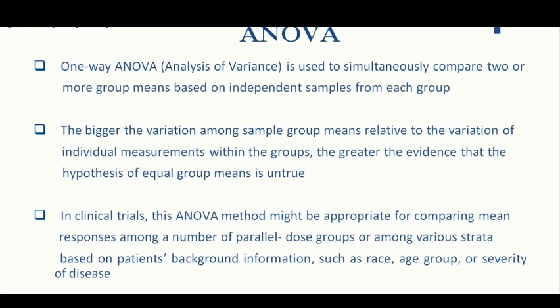So, drug group can be considered as one factor, another can be race, a third can be age group, and the more factors you include, the more the dimension of the analysis of variance increases. Right now we are going to consider only one factor, suppose that is treatment, that is drugs.